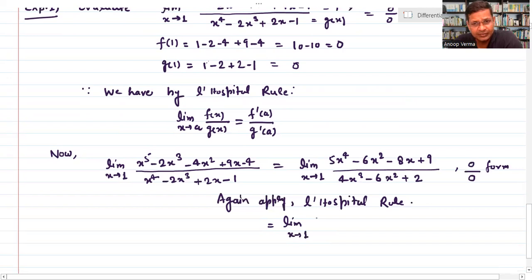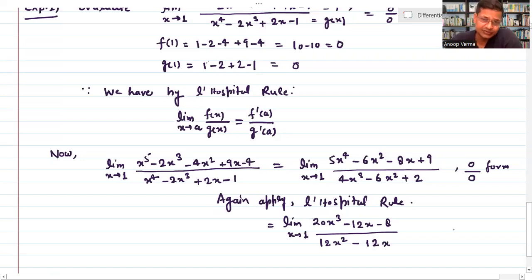So it will be 4 times 5 is 20x^3, minus 12x, and minus 8, divided by 12x^2 minus 12x.